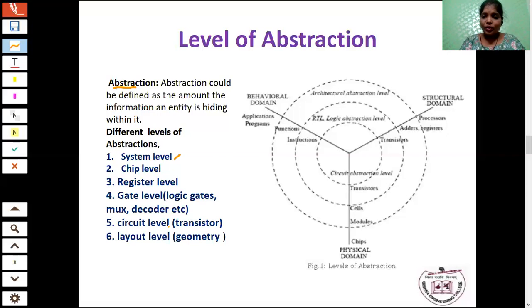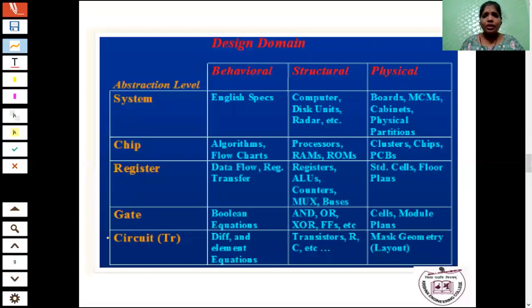Layout level, you know what the layout diagram is, we have already seen. In the layout level, we give the physical dimensions of the design. So here are the different levels of abstraction. This abstraction level is defined with respect to the design domain. There are three defined design domains: behavioral, structural and physical.